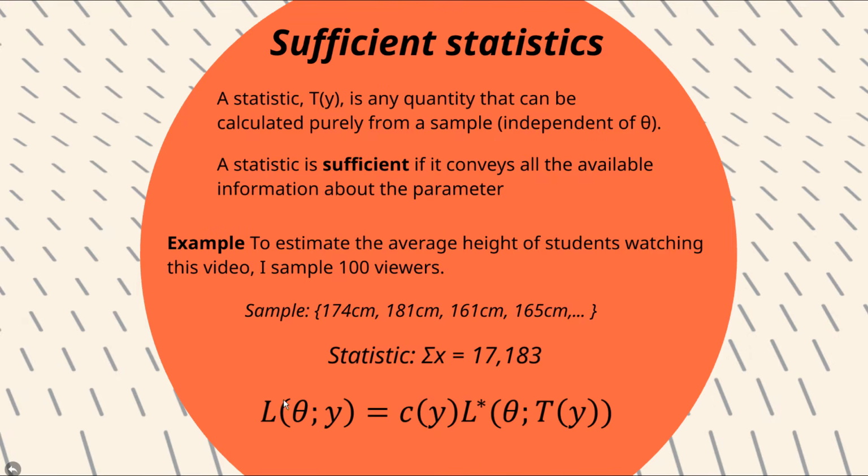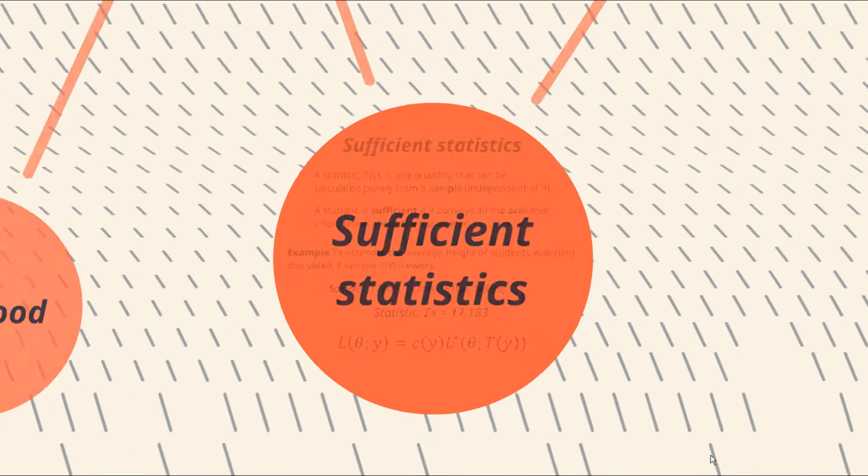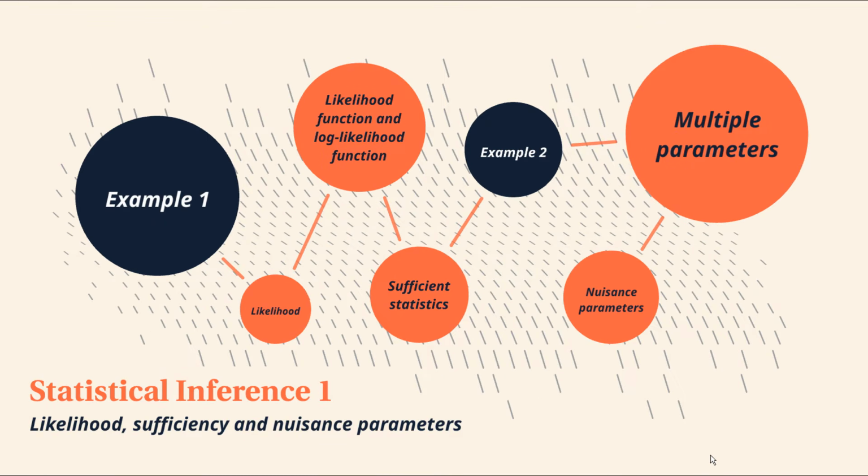So we'll come up against this a few times, but when your likelihood can be decomposed into some component that only has reference to y and another component that relates to theta through some kind of statistic, then that statistic is sufficient. And we'll see a concrete example of statistical sufficiency coming up now in example 2.